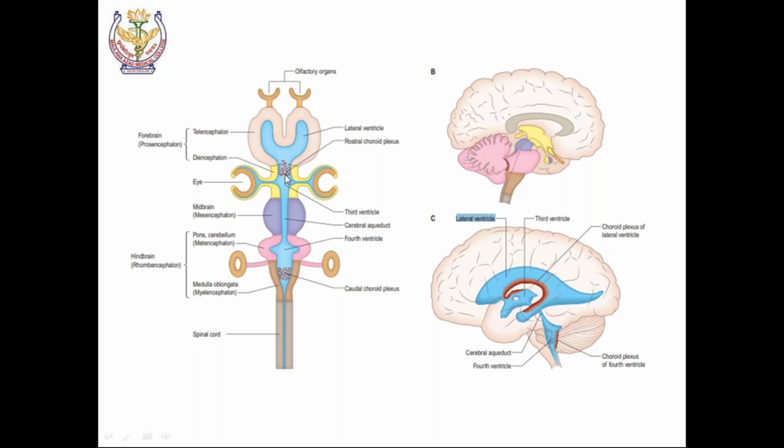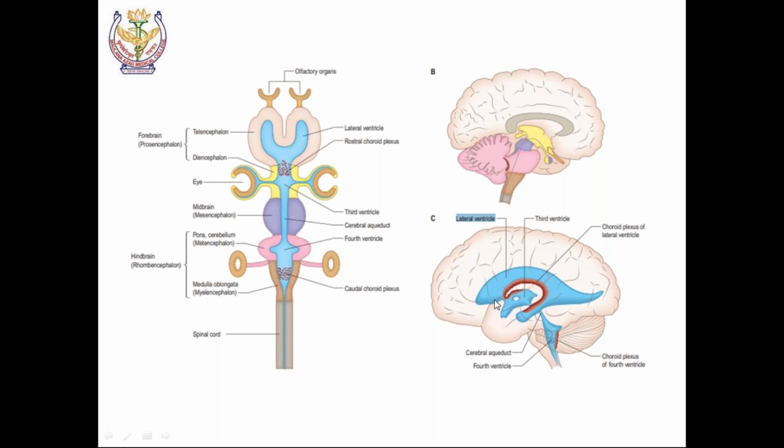And then, of course, we have the cavity of the diencephalon, that is the 3rd ventricle, and the cavity of the midbrain, that is the aqueduct, and the cavity of the hindbrain, that is the fourth ventricle. That is why all these cavities have to be in continuation or in communication with each other, because it is the same lumen of the same tube. And also here you can find the two lateral ventricles will also be connected with each other, which we call the interventricular foramen. So this is how we have the development part.